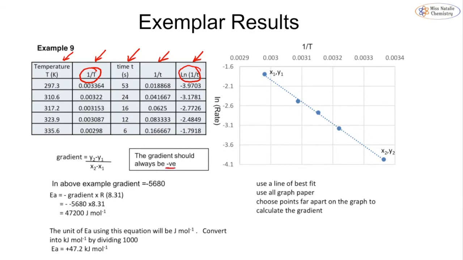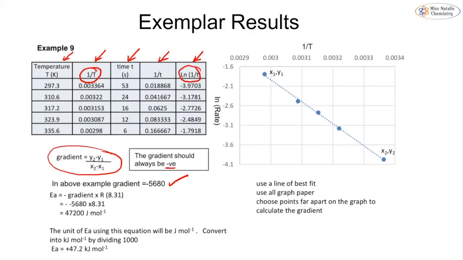And we can then use that to determine the gradient. Now, the gradient should always be a negative number, and the gradient is measured by y2 minus y1 over x2 minus x1. In that particular example of our graph here, we have this as our gradient, so minus 5,680.